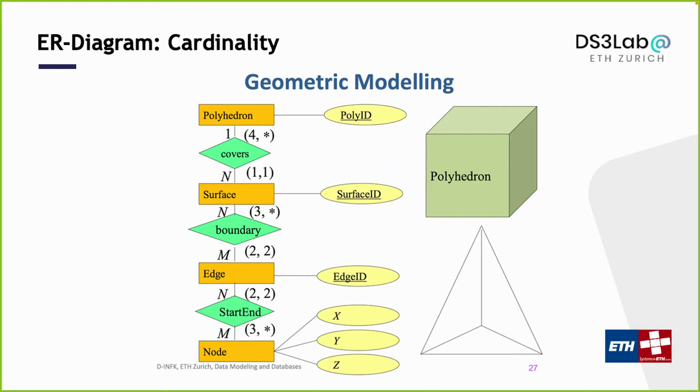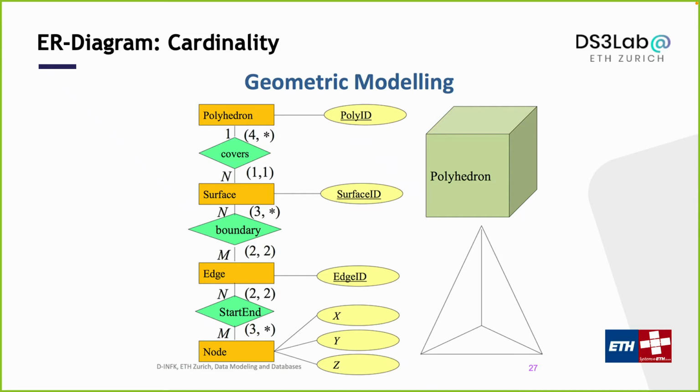And then you can have the min-max notation here. You can have the 4 there, saying the minimum is 4 times, okay? You can participate more, but in any valid database instance, I should see the same polyhedron appear at least 4 times, okay? So as you can see, you start to include more information than the one-to-many notation.